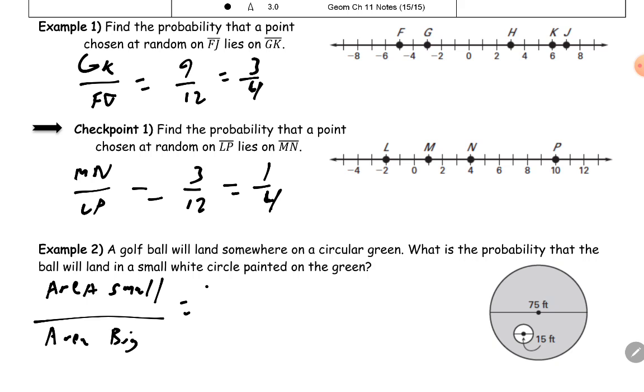Okay, area of the small is pi r squared. They tell you the whole length there is 15 feet, so 7.5 feet for the radius. And then the big is 75 divided by 2, which is 37.5.